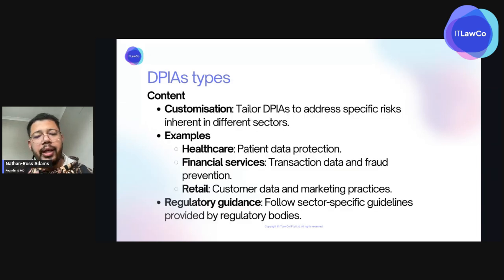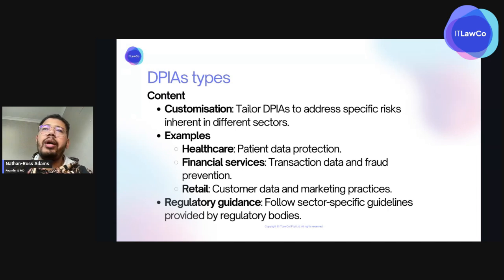Okay, another angle to look at this from is that DPIAs are based on customization needs. Depending on your sector, you would need to tailor the DPIAs to the risks inherent within your specific sector.